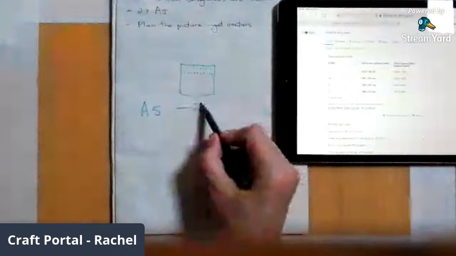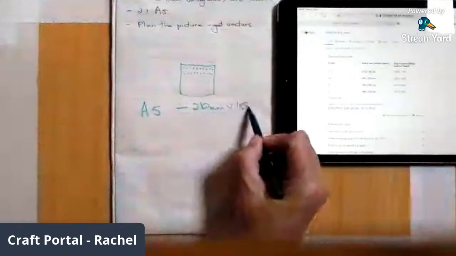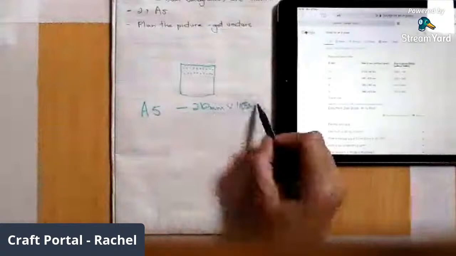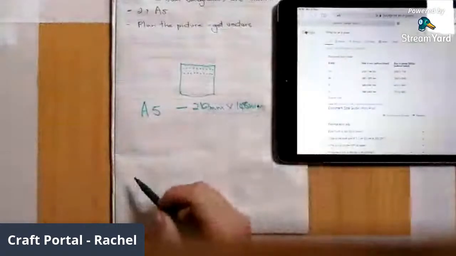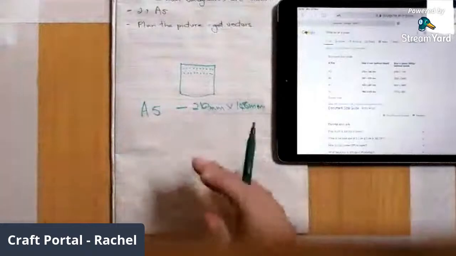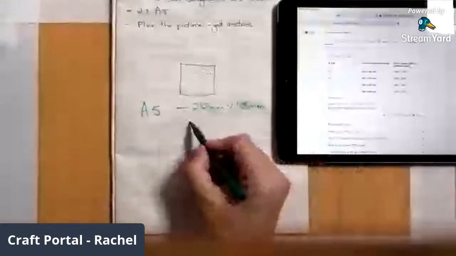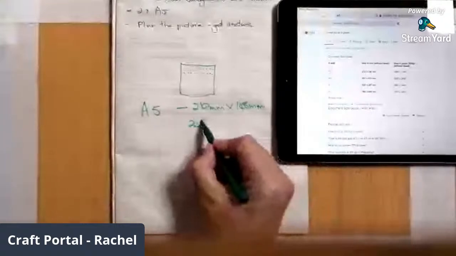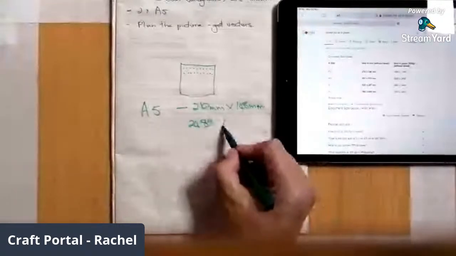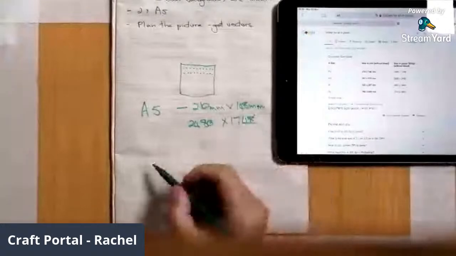That would be 210 millimeter by 148 millimeter. And the pixel size for 300 dpi, without bleed, is 2480 by 1748. Bleed is to make it print up to the sides.